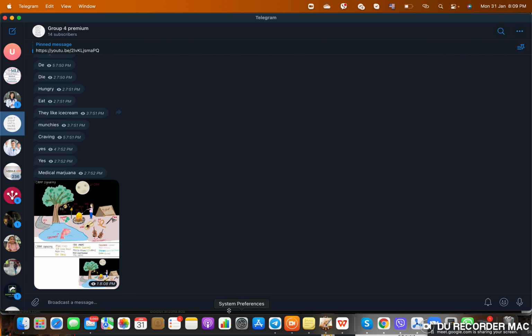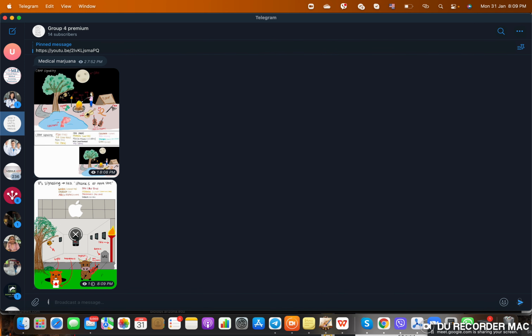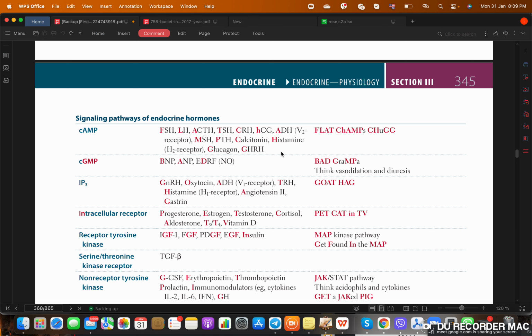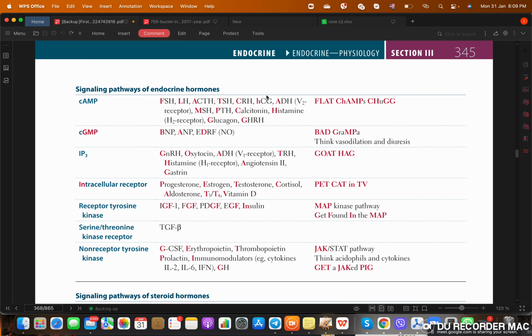It's the IP3 pathway, also known as the Gq pathway. So let's take a look. So cyclic AMP, all of these guys: marshmallow, bath, the torch, the fire. So I hope that helps with the picture.